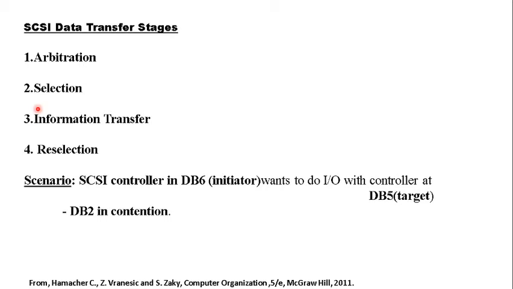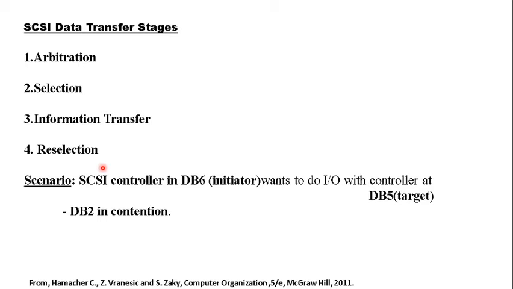So the current session may need to be suspended and resumed later. For resuming a suspended session, we have a reselection procedure. So these are the major steps in SCSI data transfer: first, gaining control of the bus through an arbitration mechanism, then selecting the party with which you need to communicate, that is selection, then beginning an information transfer session, then reselection, or resumption of the session.